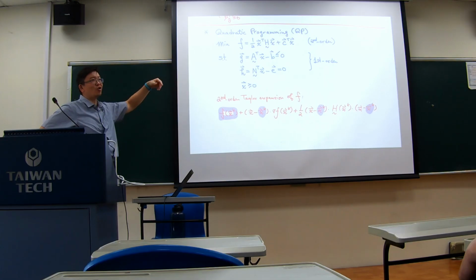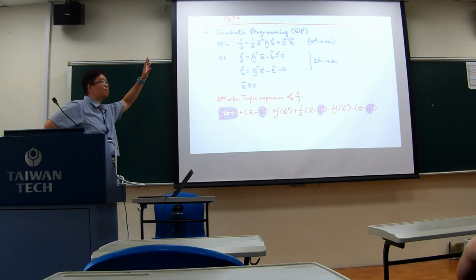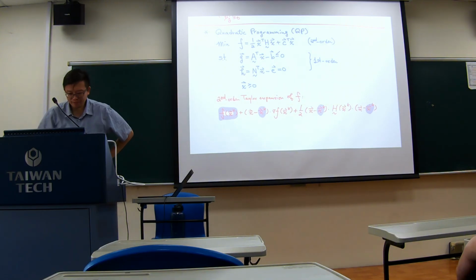No matter how your x changes, the constant values are still there. It doesn't change. So in order to find the optimal x, you don't care about the constant terms. Right here, this would be your c.